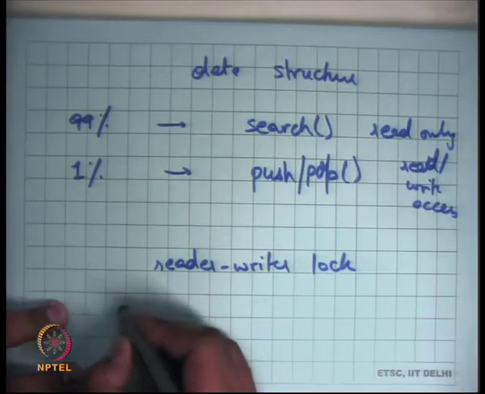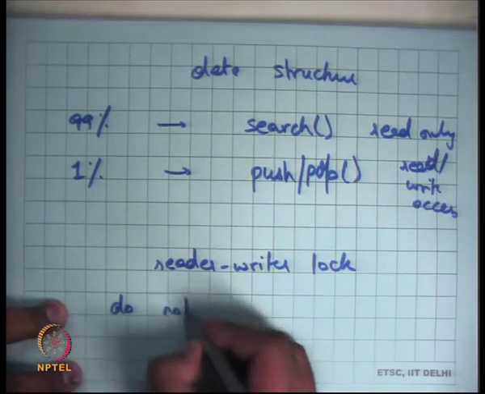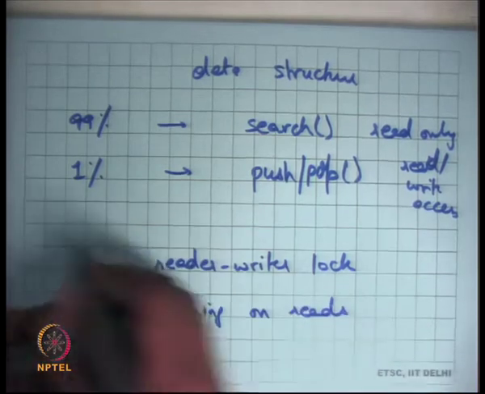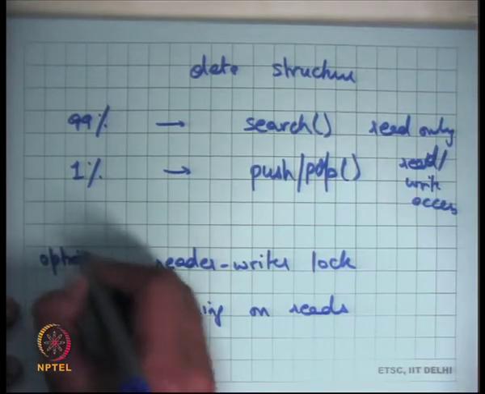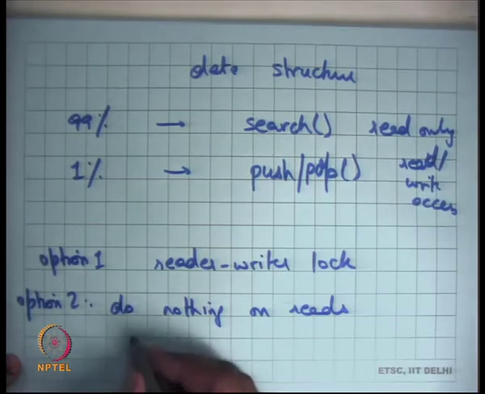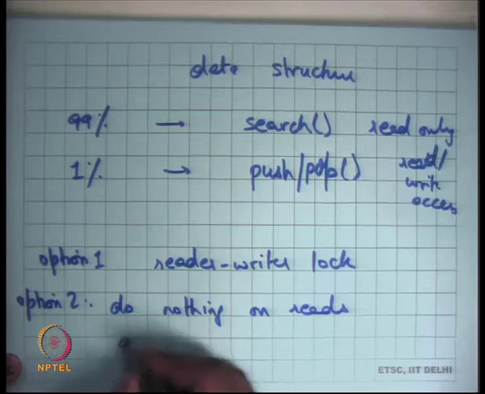So the better thing could have been to do nothing on reads. Okay, this is option 1, let's say, and option 2 is to do nothing on reads and do writes atomically.